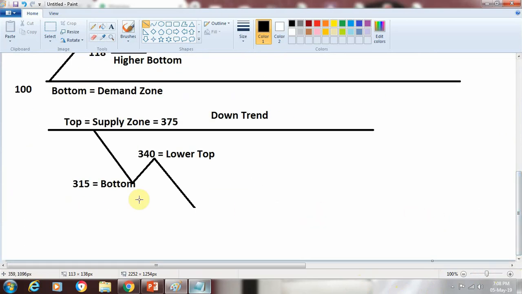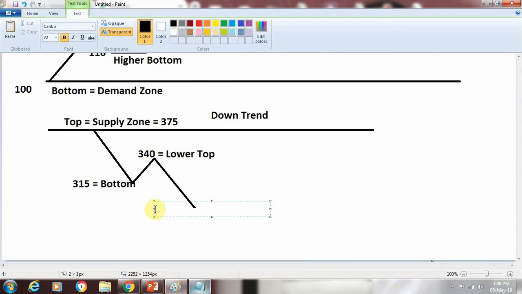What we are seeing now is that it has come down till a price of 280, and this becomes a new lower bottom.